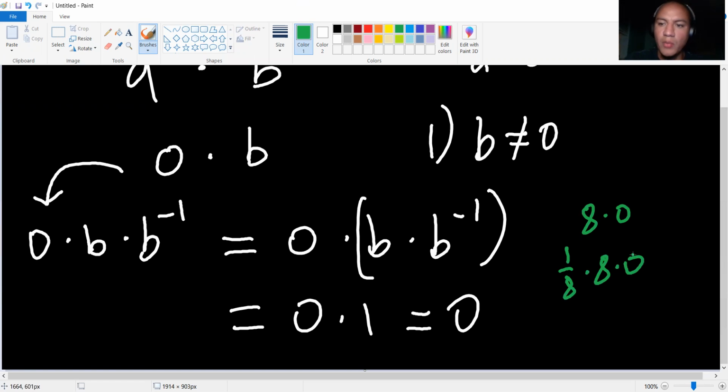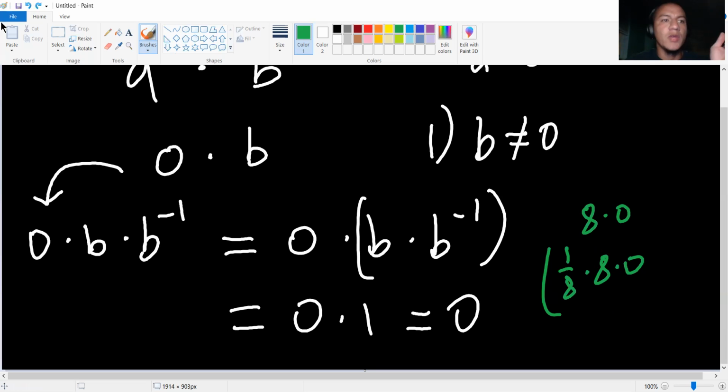So I'll multiply the expression by the inverse of 8, 1 over 8, group them together. This will give you 1 times 0, and 0 times the multiplicative identity will give me 0, because anything times 1 is the same number. Josie times 1 is Josie. 0 times 1 is 0. And we're done with that.